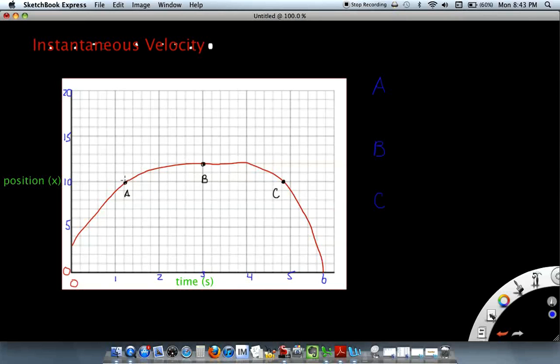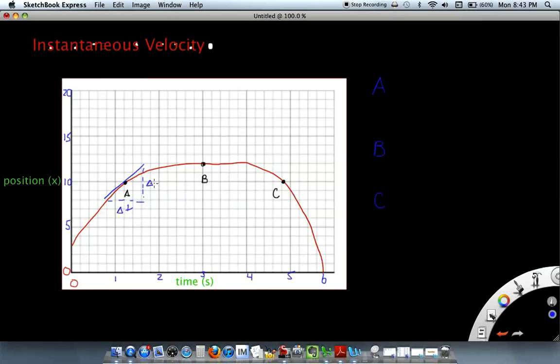If I take my pen and I draw a line that is tangent to the slope of the graph, and I draw a right triangle, this line represents my change in time.